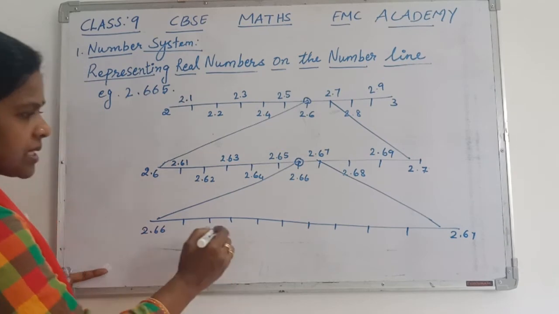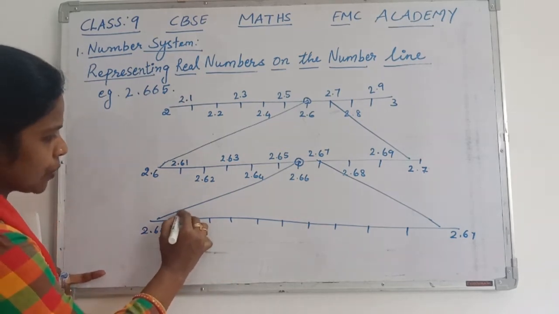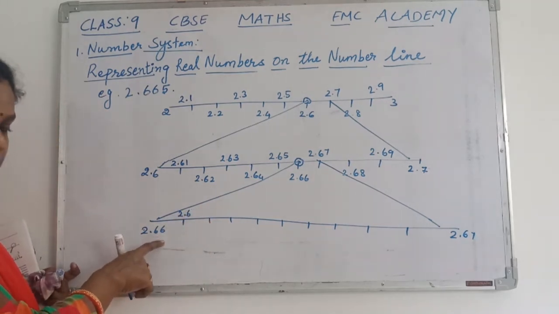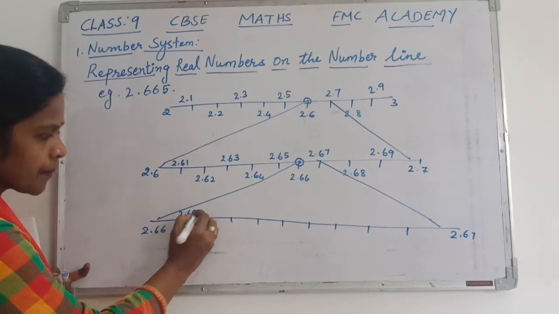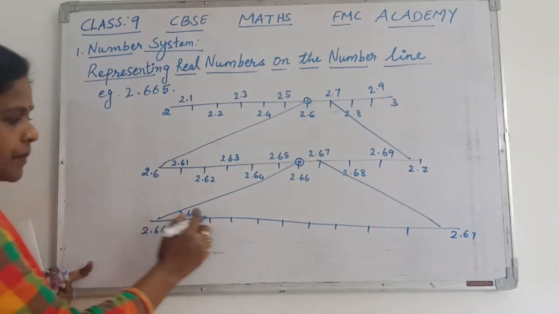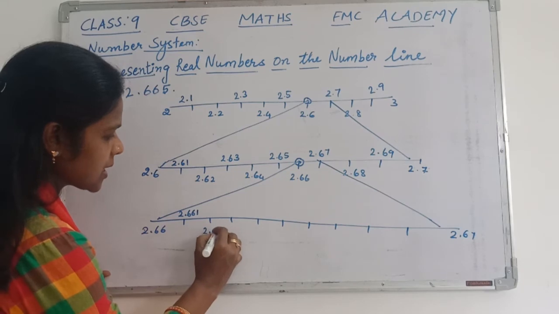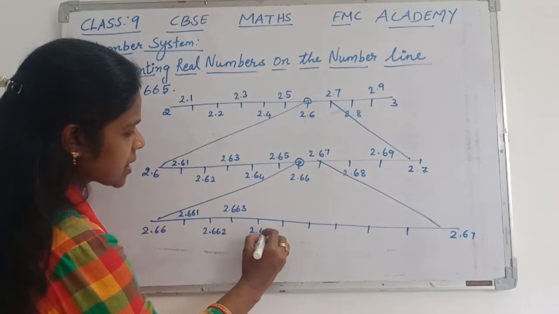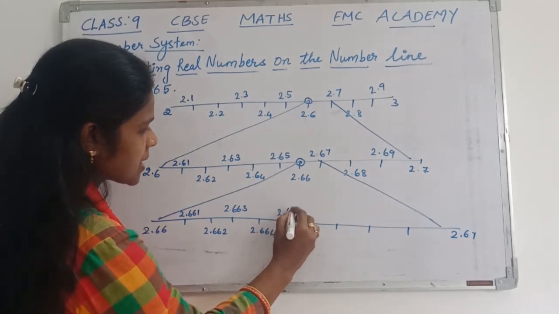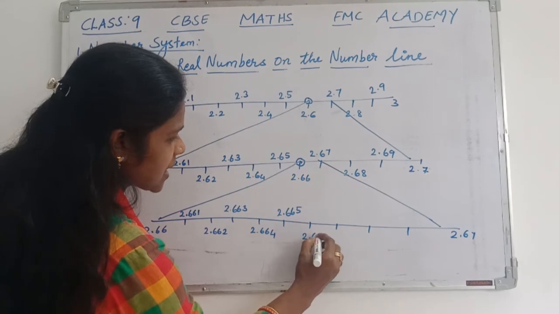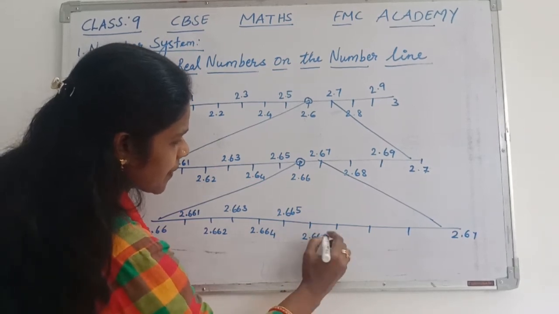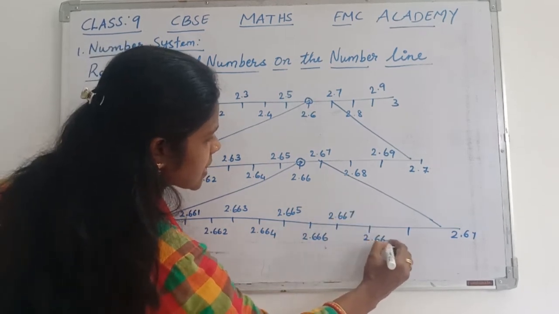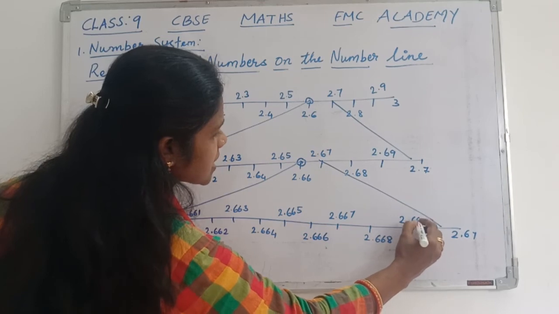Now just write the decimals. First one will be 2.66, so I will take 2.661, and the next one 2.662, 2.663, 2.664, 2.665, 2.666, 2.667, 2.668, 2.669.